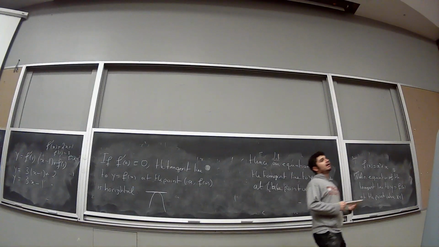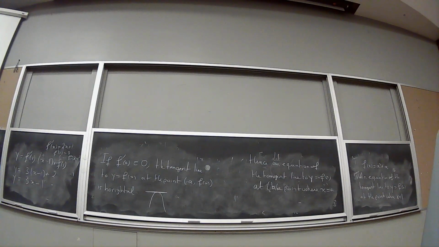Now, if I have a line that is not horizontal, say it has slope m, and it's not vertical, so it has a finite slope m. If I have another line that is perpendicular to this line, what can I say about the product of the two slopes? Have you guys seen this before?